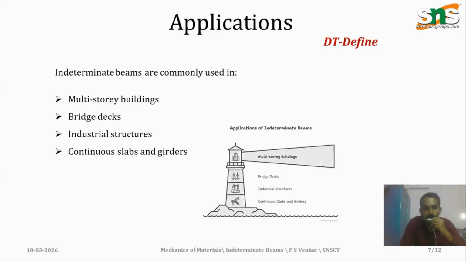Why are they used? Because they improve load sharing, reduce material usage, and enhance durability. So this concept is not just theoretical, it is used in almost every real life structure.